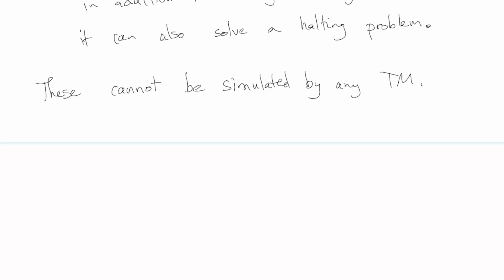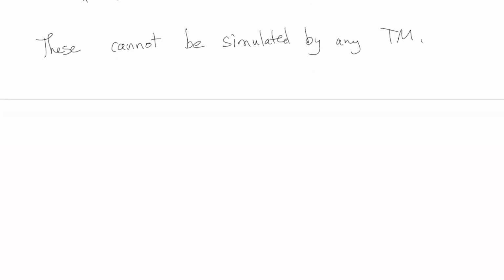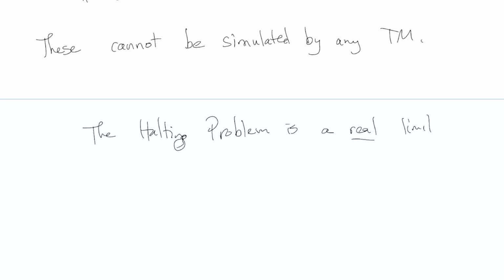So when your friends ask you, this is something that was promised in the description of the course: the halting problem is a real limitation of all computers in the real world.